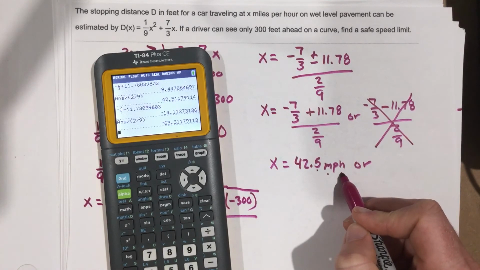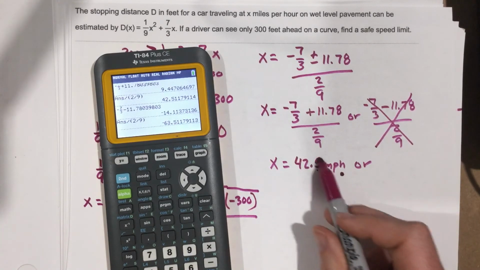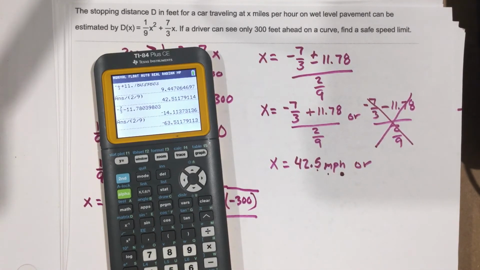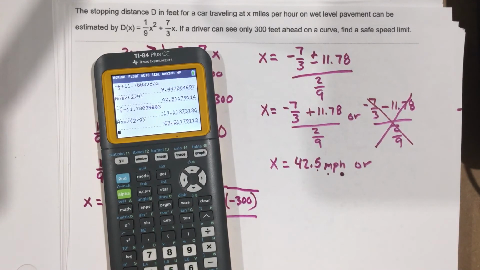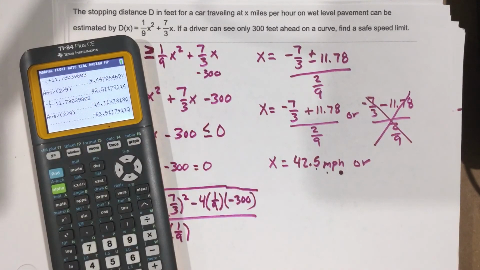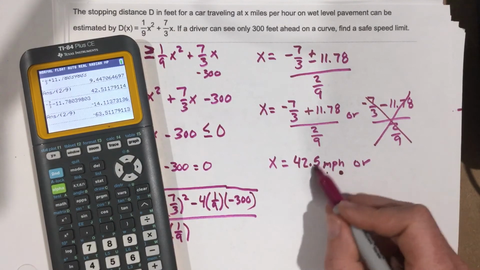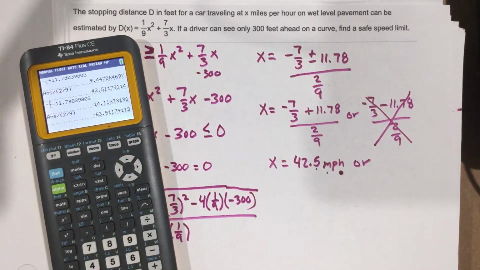So it looks to me like, because 42.5 miles per hour is what we got for one of our roots, 42.5 would be like a max.